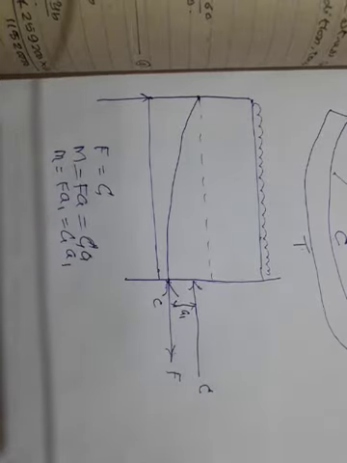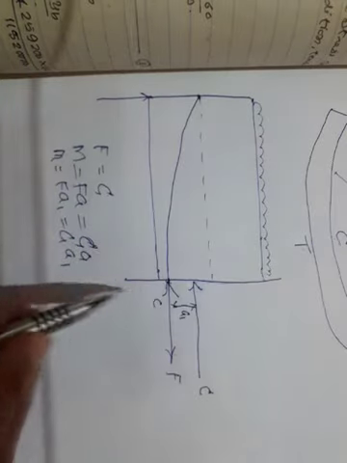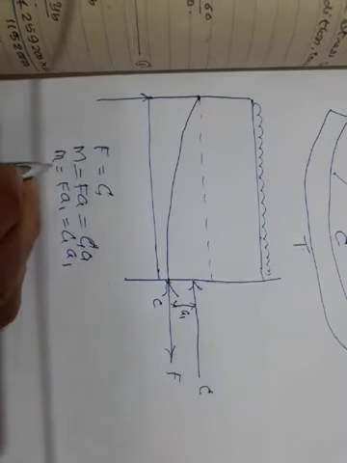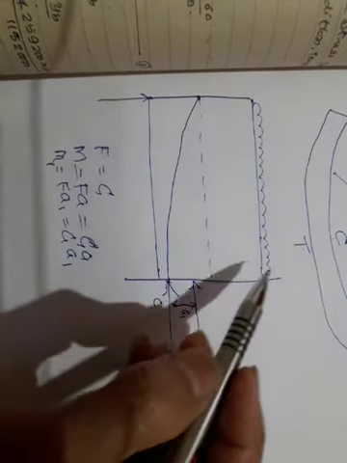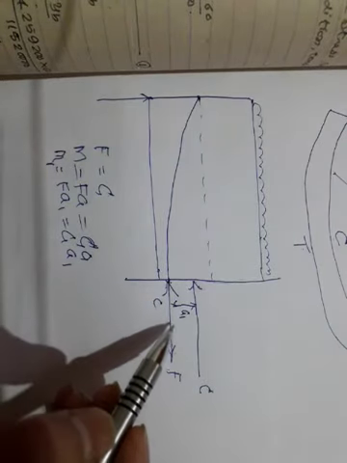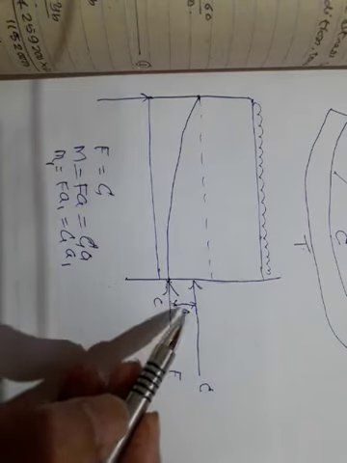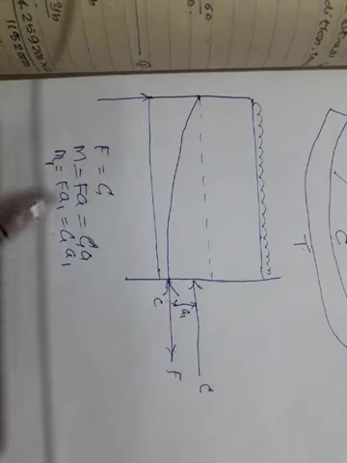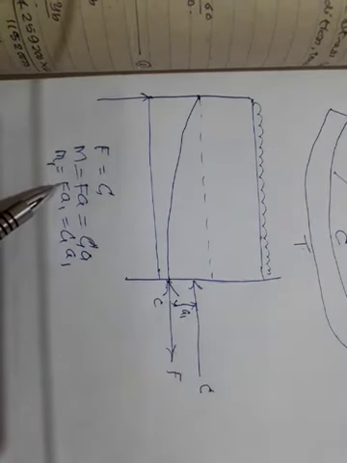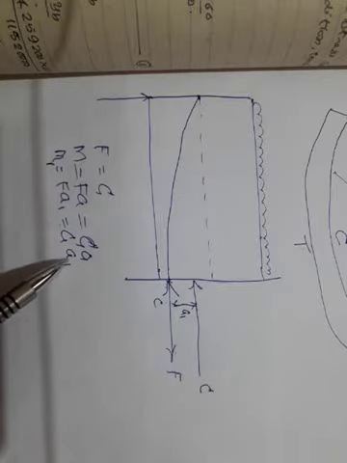Am I right, sir? To resist this bending moment, I will call it M1, your C force starts shifting up, developing a lever arm A1. So M1 is equal to F into A1 or equal to C into A1, because F and C are equal.